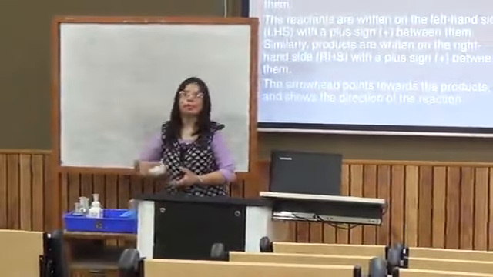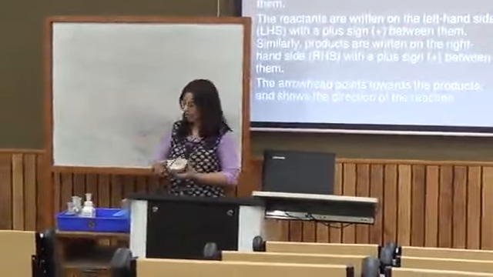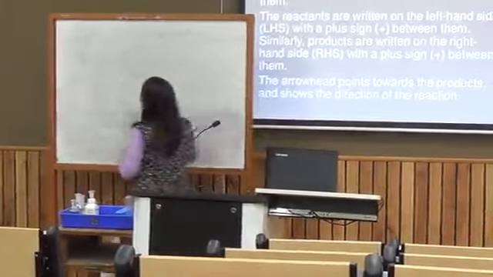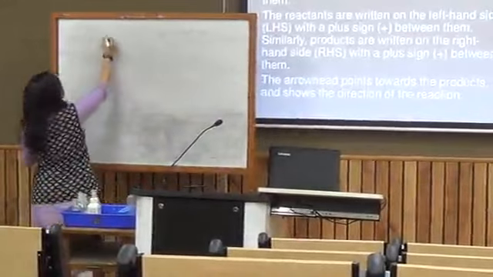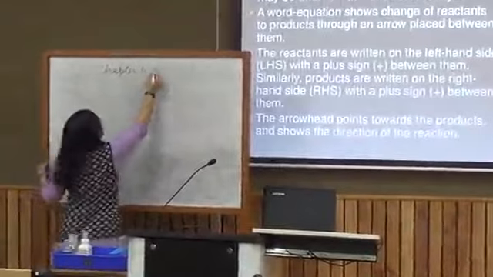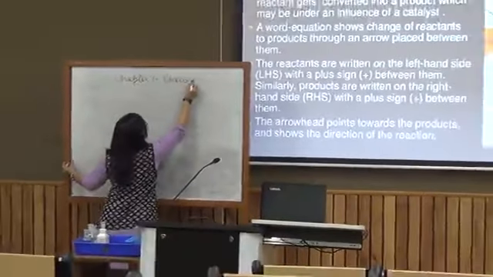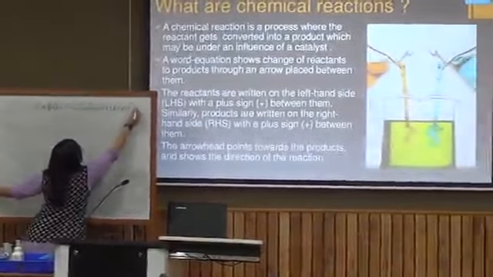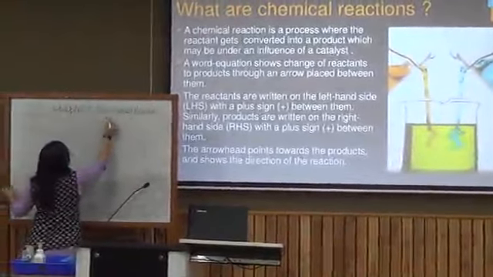I have the magnesium oxide collected here. Let us look at what the reaction was. So this is chapter 1, chemical reactions and equations.